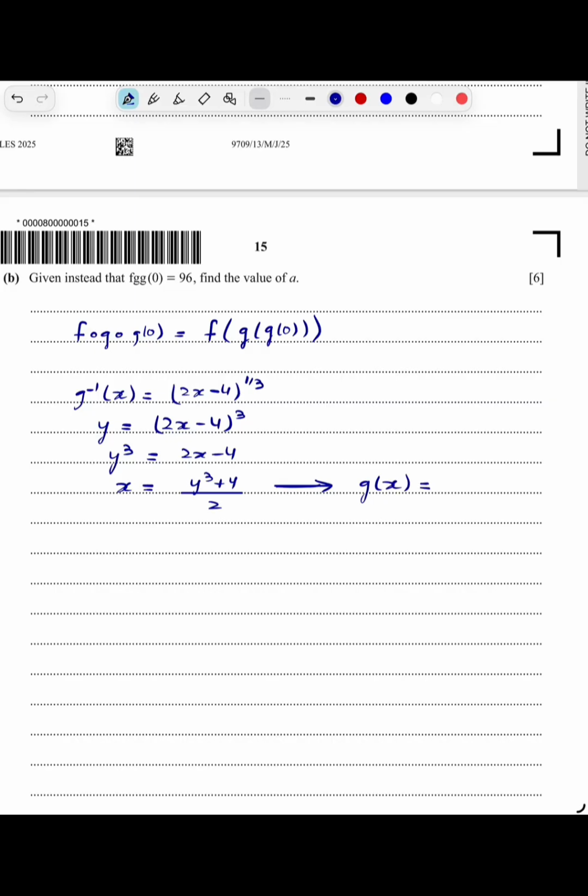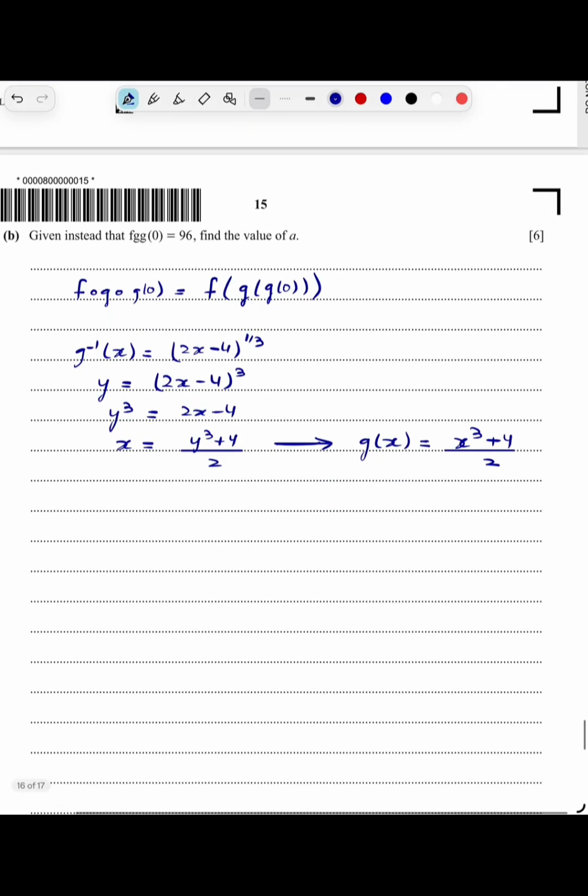So g(x) is, we have to swap values, x cubed plus 4 over 2, right? So we need to see the value of the function g at 0. So that just becomes 4 over 2, so that's 2.